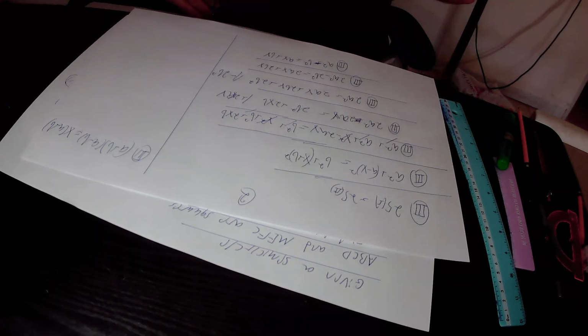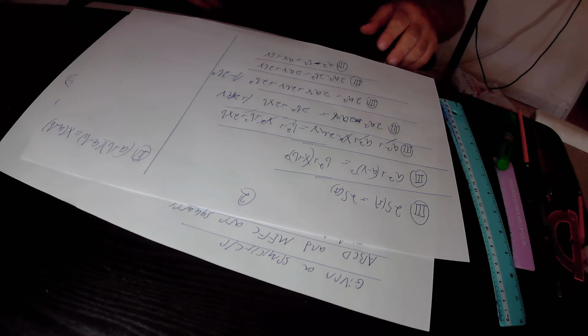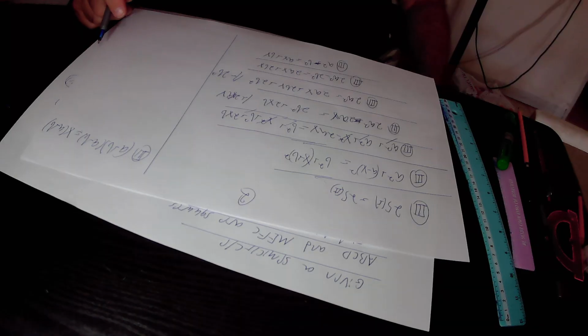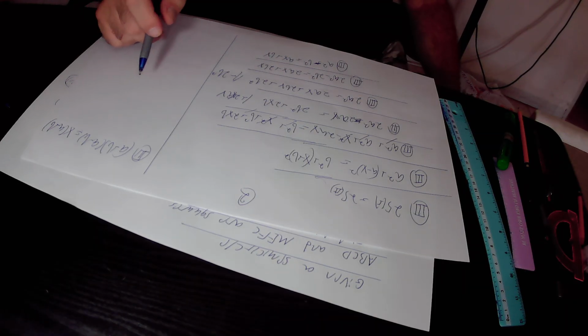Therefore, a plus b must be a positive number, because if you add two positive numbers, the result must be a positive number. Because a plus b must be positive, it can never be equal to 0. Therefore, it is allowable to divide this equation 3 by a plus b.